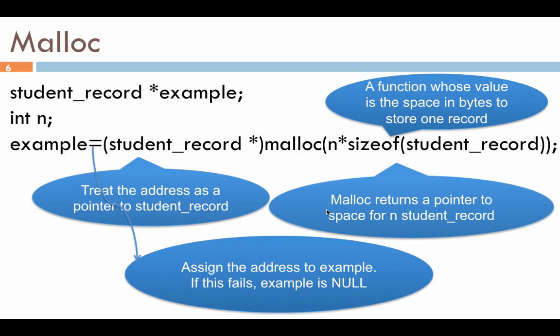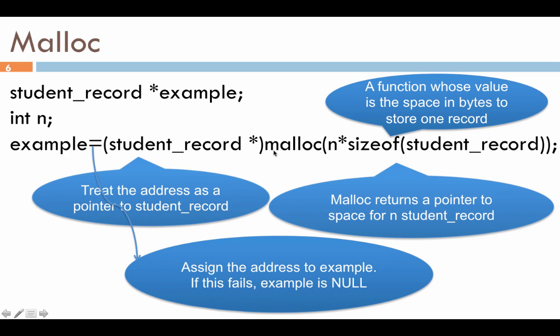Now, because it is a pointer, it is a safe programming practice, though not necessary, to use the expression in brackets that precedes the function call to malloc, (student record star), which is called a typecasting operation. So what is a typecasting operation? As a programmer, you say that whatever memory I get successfully from malloc should be considered as an address to the student record data type.